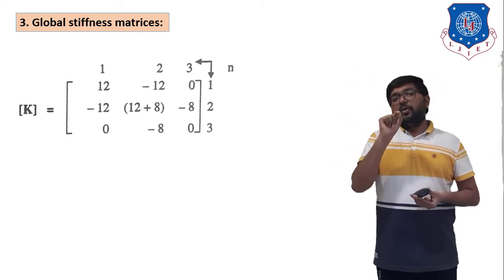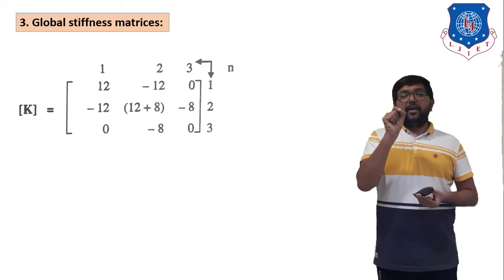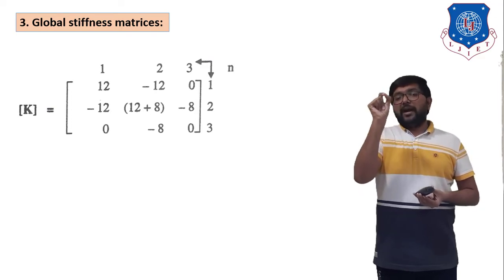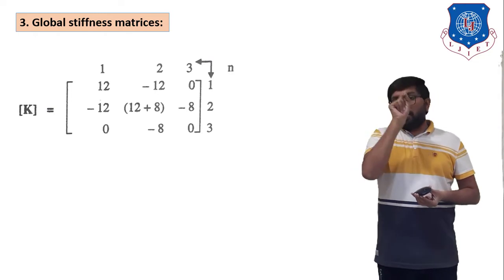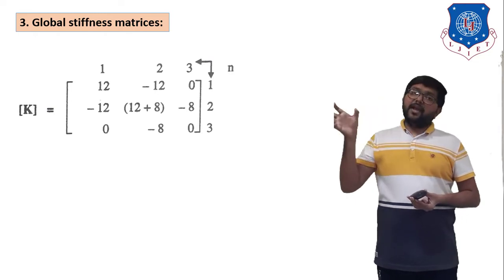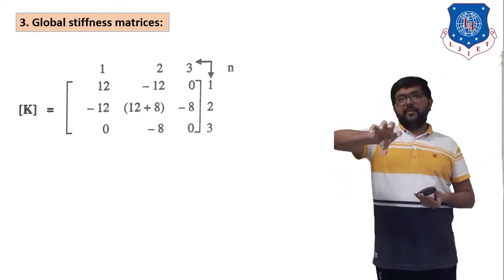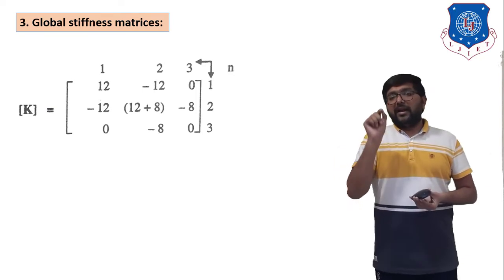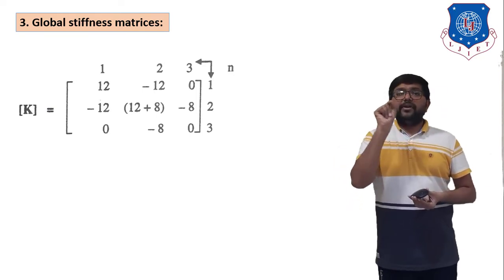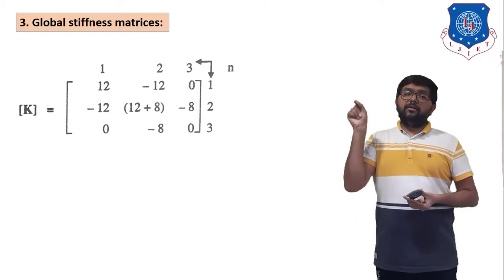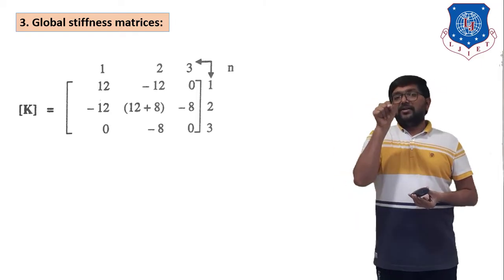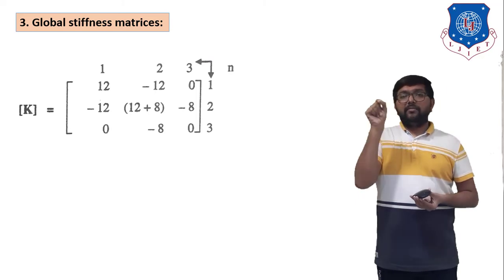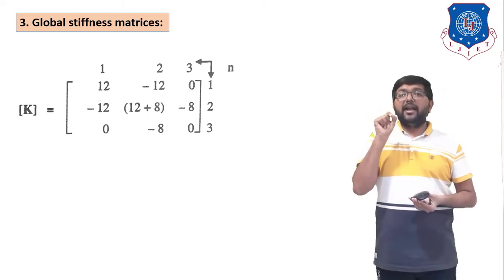Now you have to put the first matrix over here, K1, that means 12 minus 12, minus 12 and 12. Now at the corner point of the first matrix we have to mount the second matrix. You have to remember that at the corner point of the first matrix we put the second matrix. Already 12 is there, so you put over here 8 minus 8, minus 8 and 8.